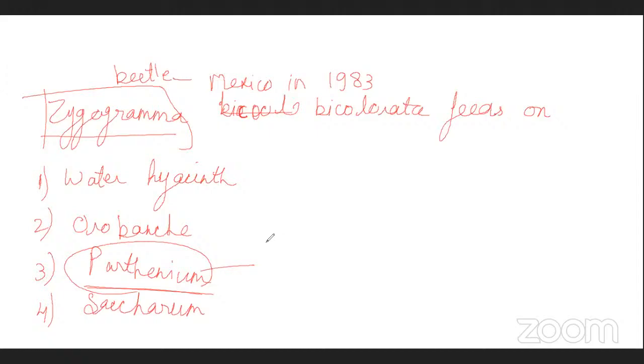Parthenium was first seen in Pune in 1955 in India, and it came from the USA. Parthenium is an exotic weed.